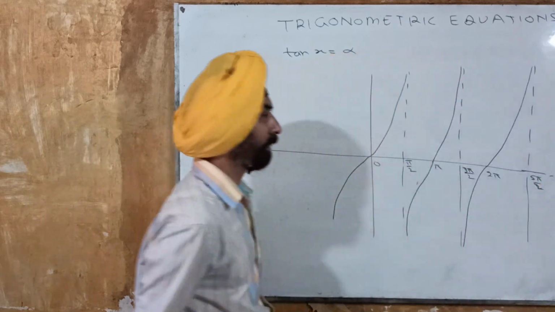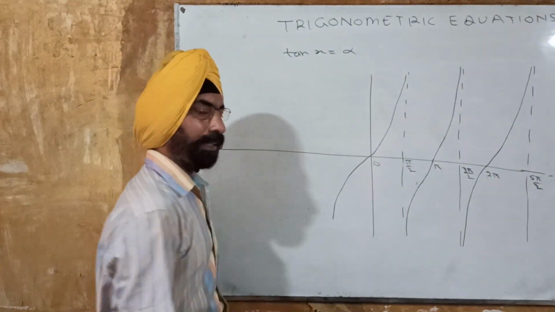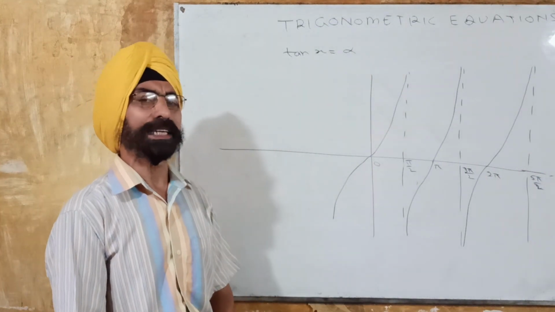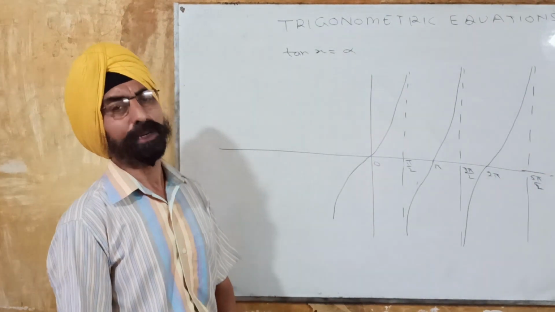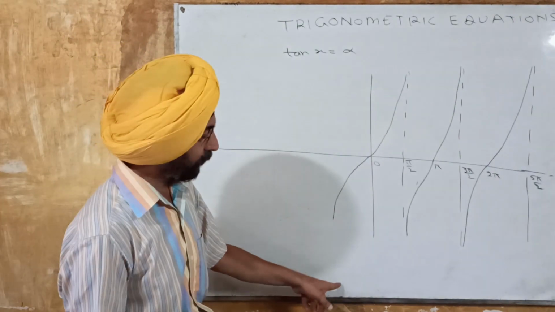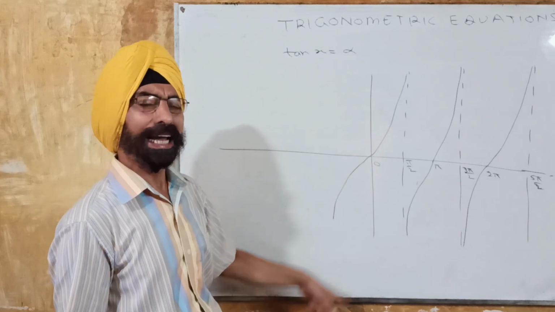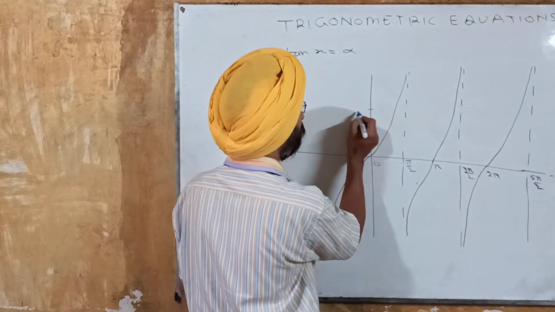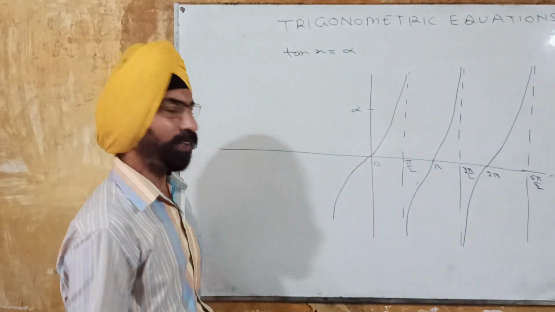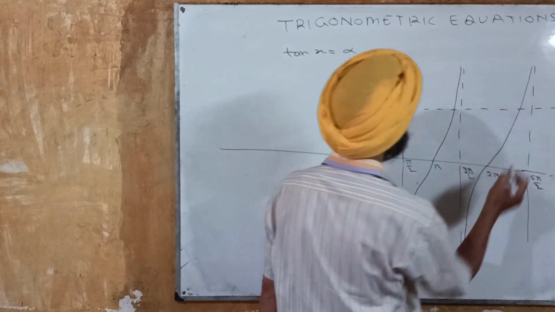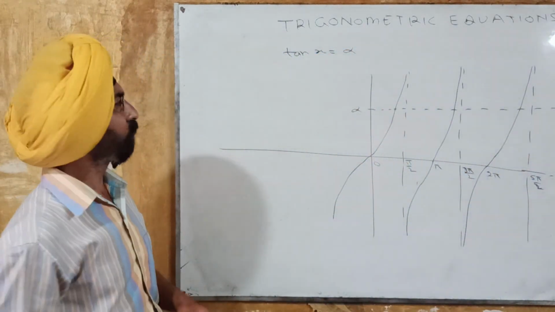One thing to be noted: earlier in the case of sin x and cos x I told you that alpha must lie between -1 and 1, but here there is no restriction. Your alpha may assume any value from -infinity to infinity. So suppose your alpha is here, once again draw the line y is equal to alpha, and y is equal to tan x.